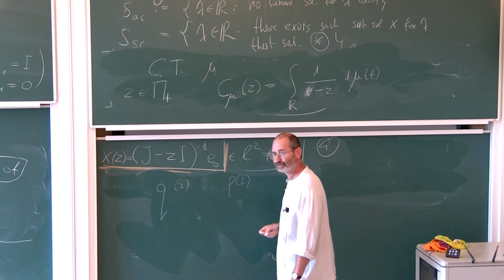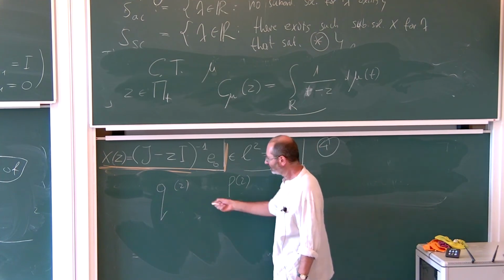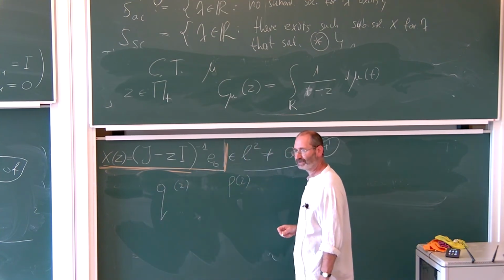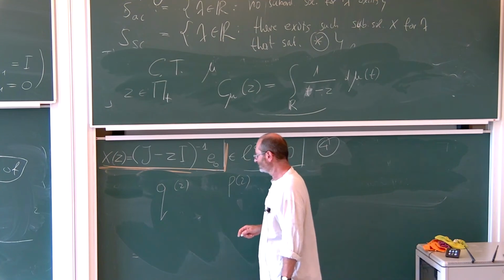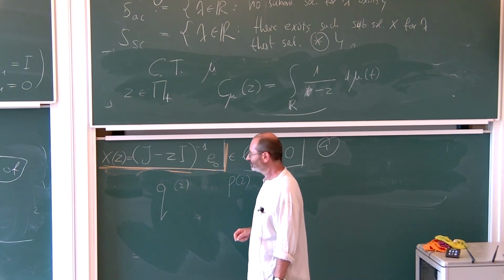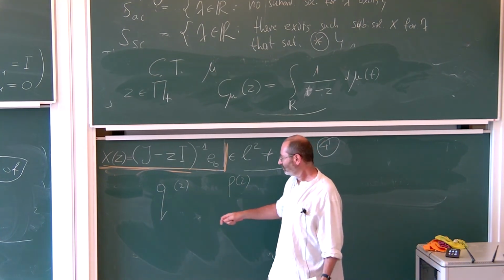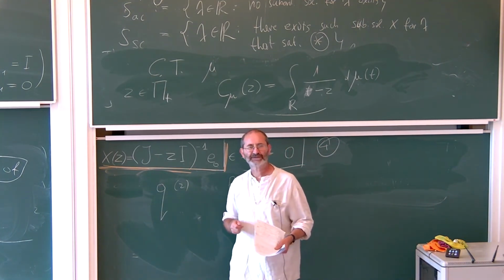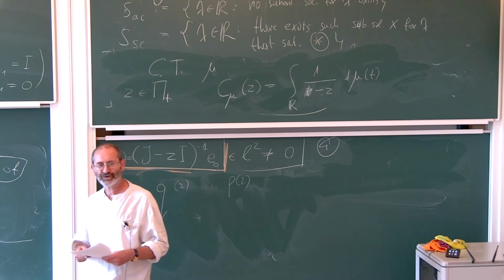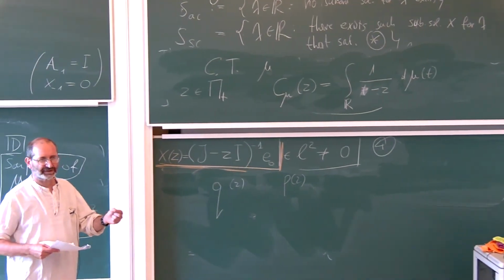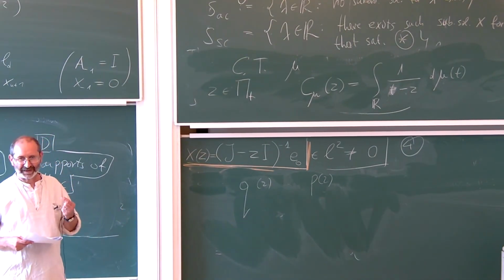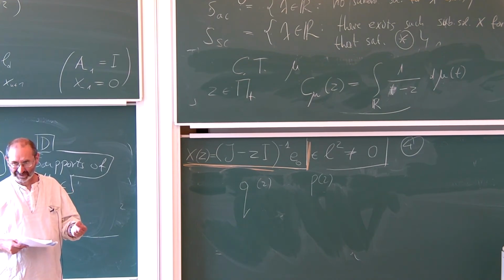P of z is related to orthogonal polynomials, and this is also in some sense related to this, but what is this? To define this, we should just specify the initial conditions. And it's more convenient to use so-called conditions not in 0 and 1, but in -1 and 0.